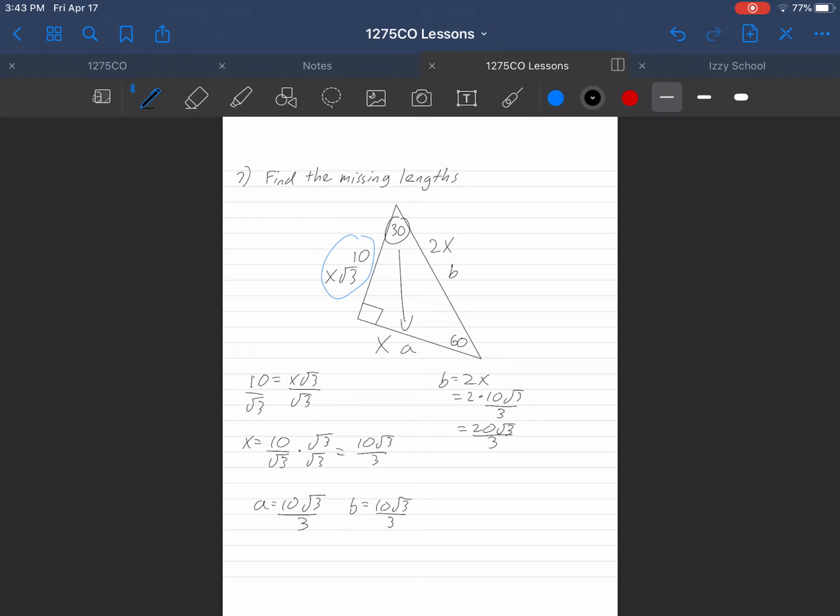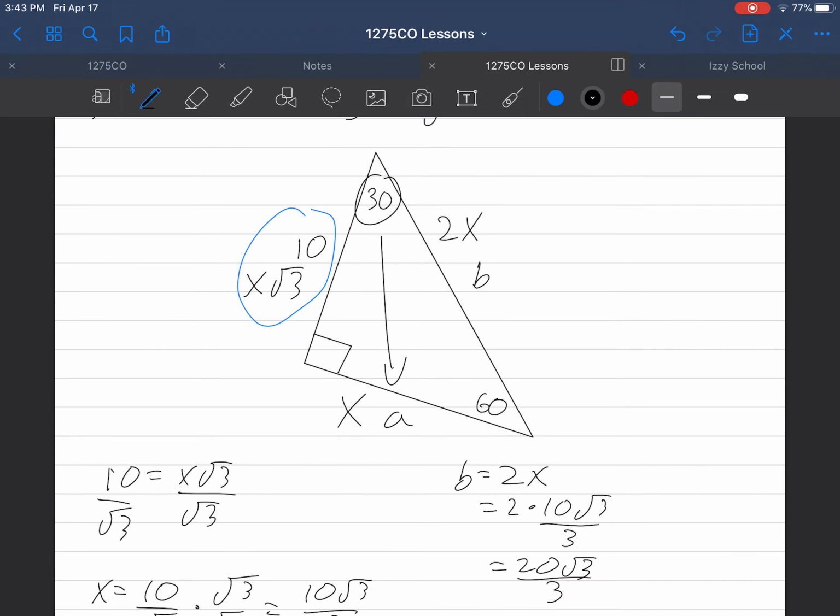Now, if you were asking, why do we need to do this? We know the Pythagorean theorem. If you think about it, we are only being told on this right triangle that this value here, for instance, is 10. This one is A, this one is B. So the Pythagorean theorem will say A squared plus 10 squared is equal to B squared.